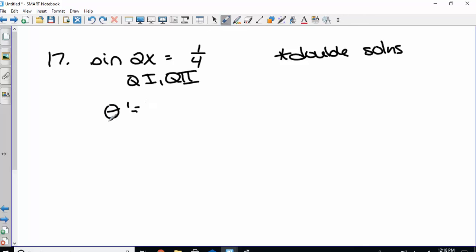So we use our calculator. We need to be in radian mode. And then to move the sine to the other side, you make it sine inverse of 1/4. So we get 0.2527.